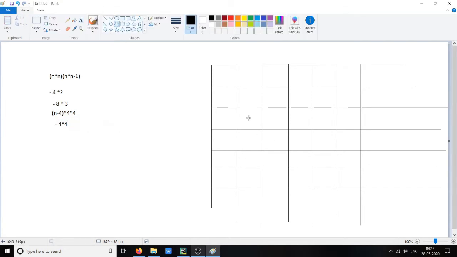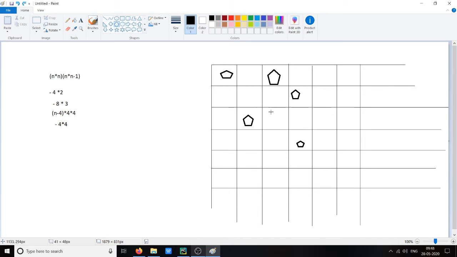Let us say we place our knight here below the corner, so it can attack 1, 2, 3, 4, 5 and 6 different positions. Now this will continue till n minus 4, meaning till the end of the row, and we can see the same pattern if we place a knight here.